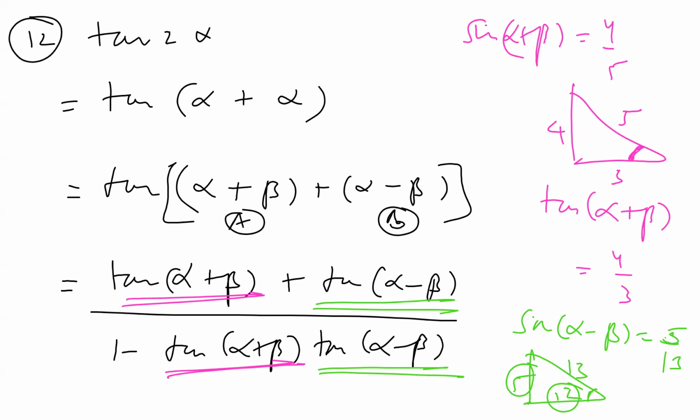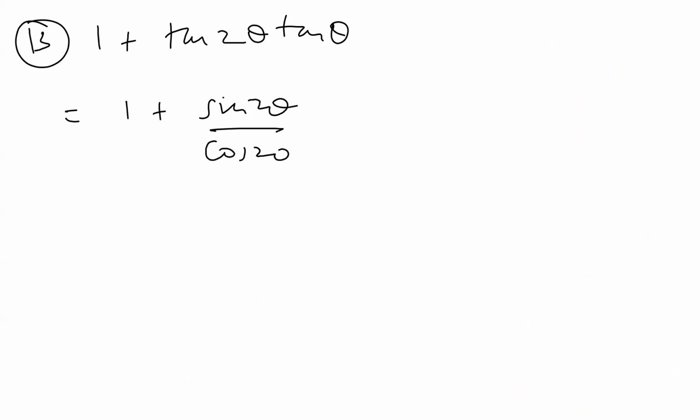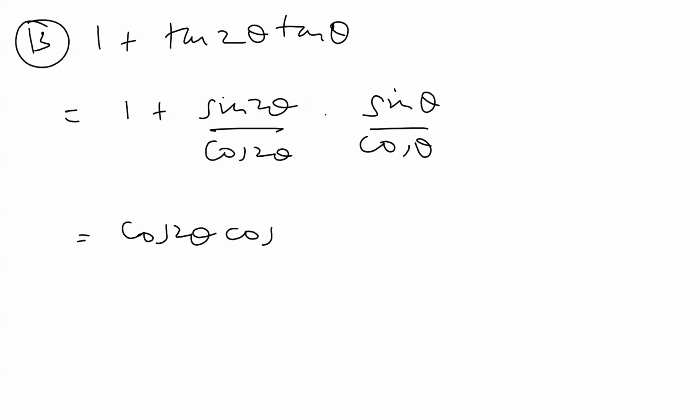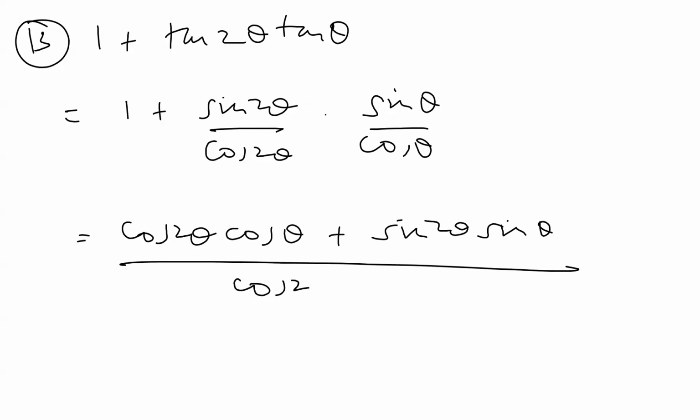Question number 13. 1 plus tan 2 theta into tan theta. So 1 plus sin 2 theta upon cos 2 theta into sin theta upon cos theta. Take LCM: cos 2 theta cos theta plus sin 2 theta sin theta upon cos 2 theta cos theta.